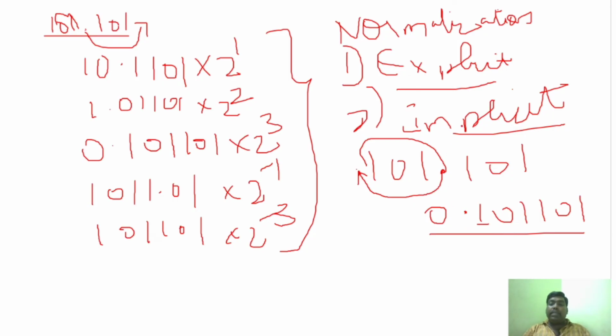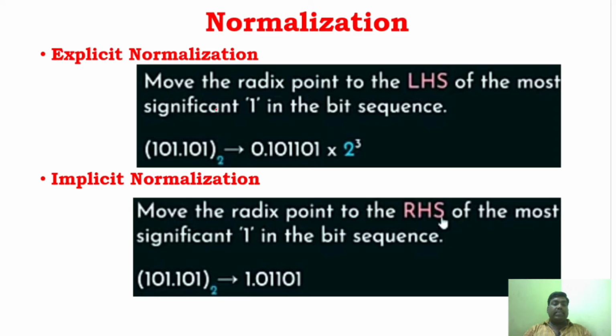Now what is implicit representation? Implicit representation is moving this decimal point to the right of the MSB 1, that is 1.01101. So this is explicit and this is implicit. You now understand what explicit normalization and implicit normalization are.